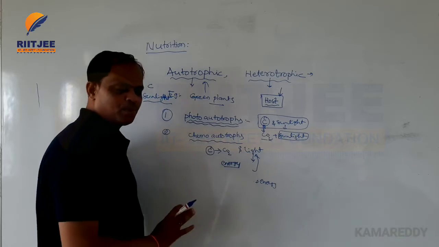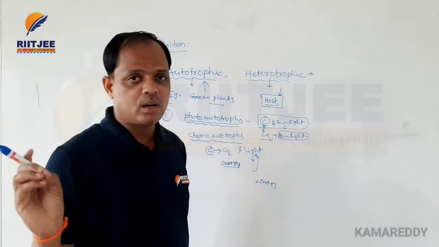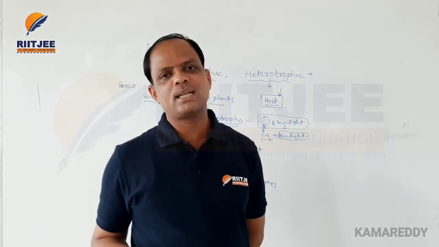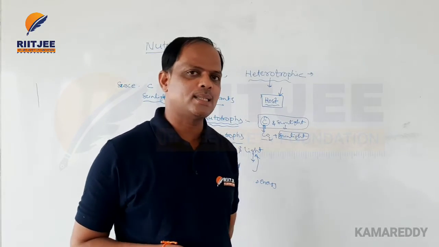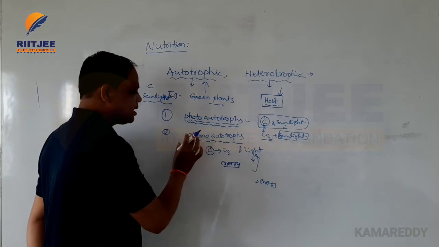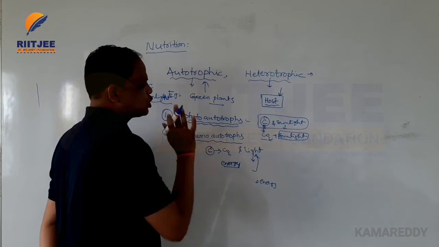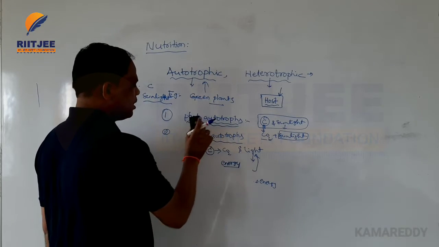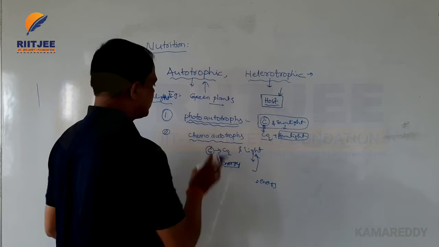The best examples of chemoautotrophs are iron bacteria, sulfur bacteria, nitrifying bacteria, and green sulfur bacteria. Okay, so these are the two types of bacteria and organisms.